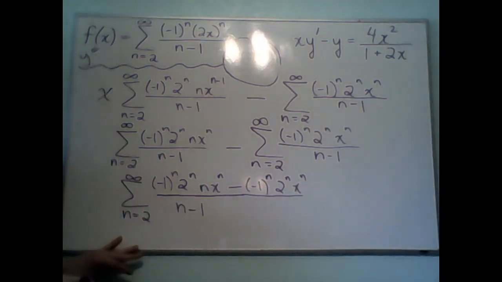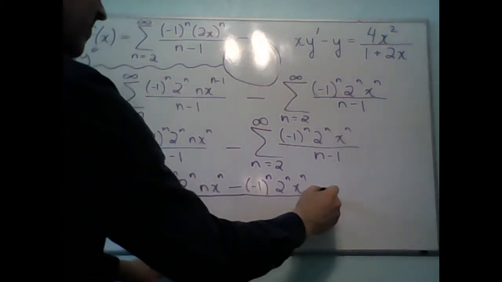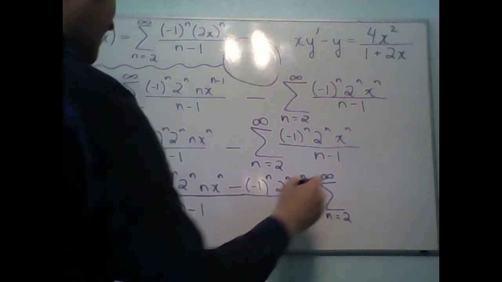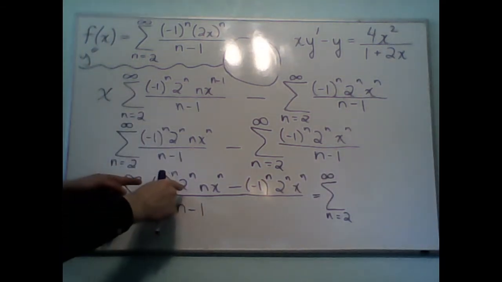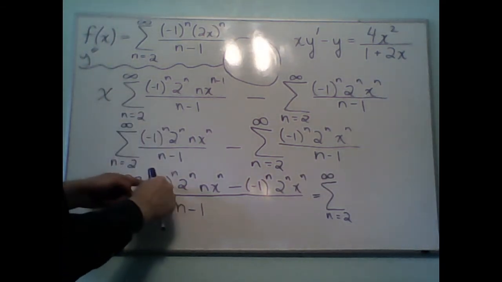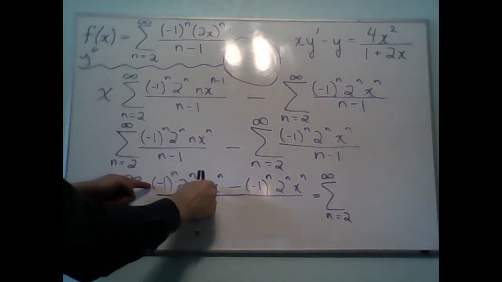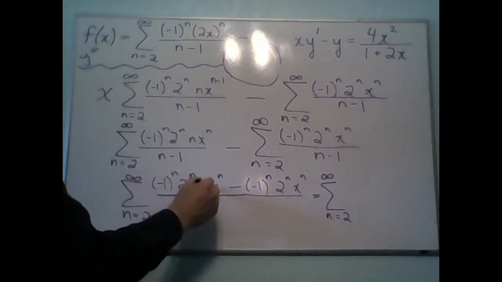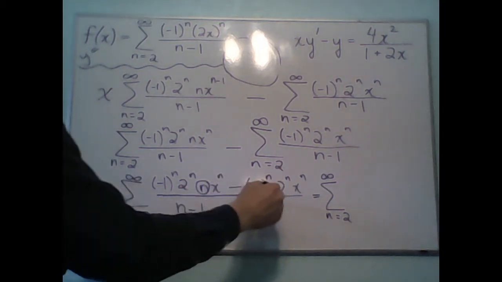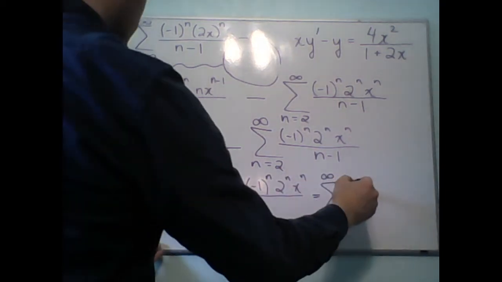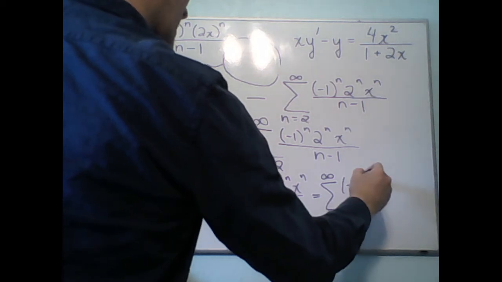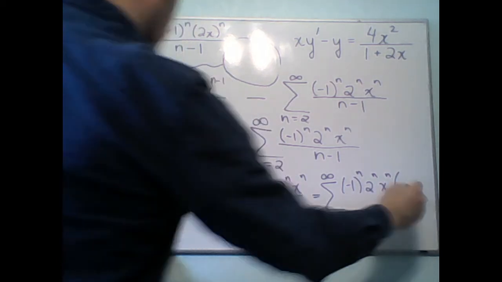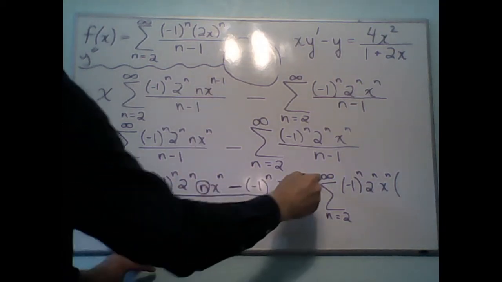And then you might notice that almost everything on the top is the same. I'm going to factor out the stuff that's the same on the top. Namely, negative 1 to the n, 2 to the n, x to the n. And there's an extra factor of n, and no extra factors there, so it's going to be n minus 1 gets factored out. So negative 1 to the n, 2 to the n, x to the n, times the quantity n minus 1.